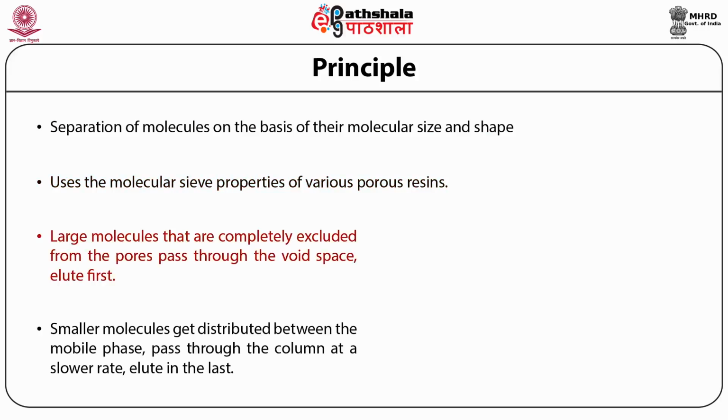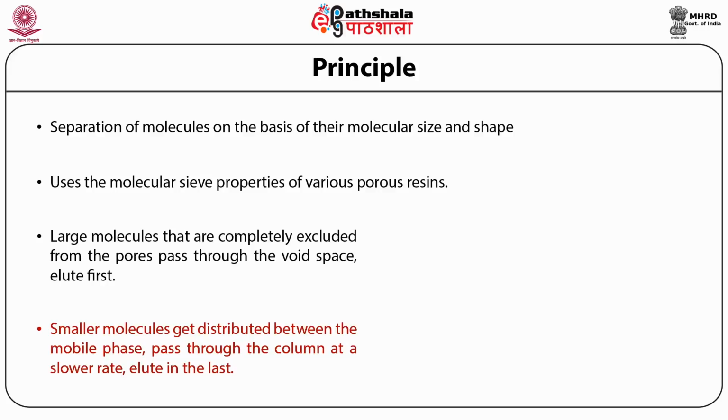Large molecules that are completely excluded from the pores pass through the void volume, the interstitial spaces between the resin particles, and thus they elute first. Smaller molecules get distributed between the mobile phase inside and outside the beads and therefore pass through the column at a slower rate. Thus they elute last.